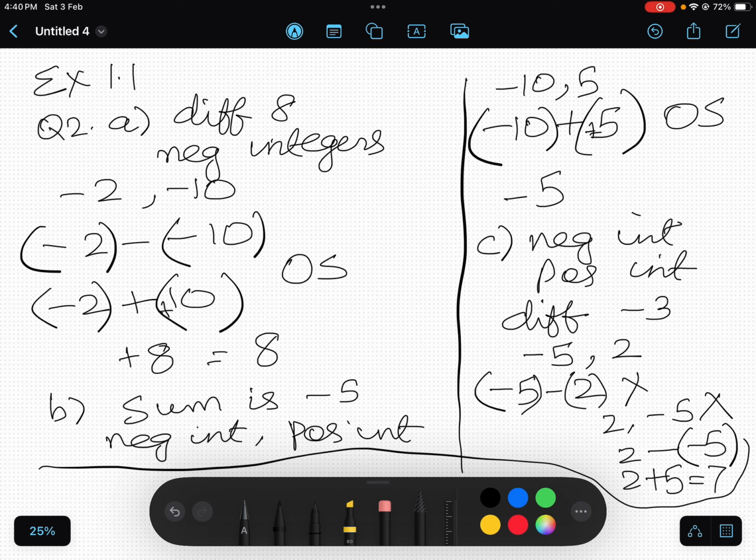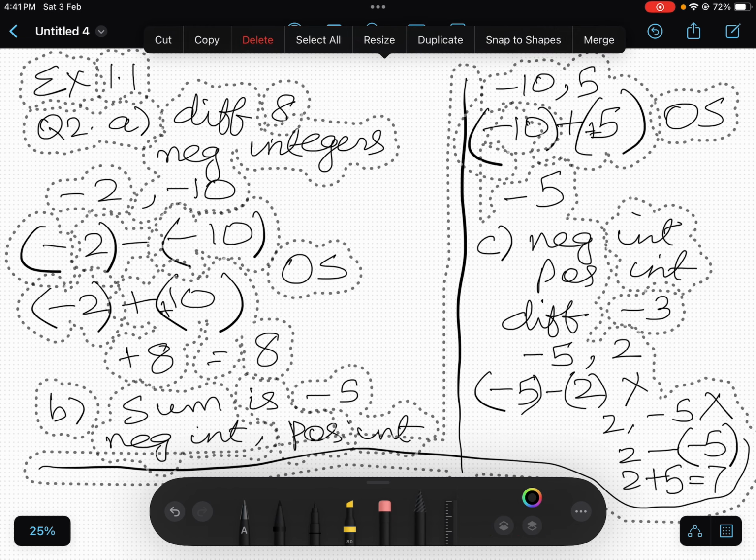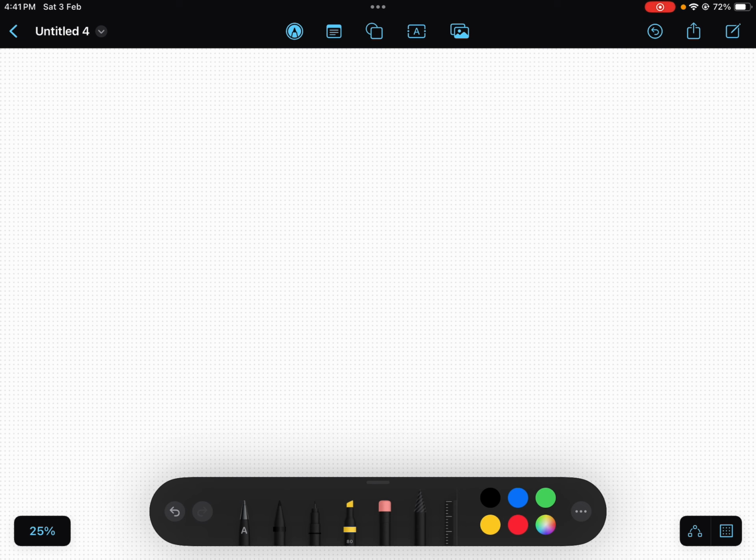What about minus 1 and 2? So let us check that. So I'm going to take minus 1 and 2. So there is a negative integer and a positive integer.